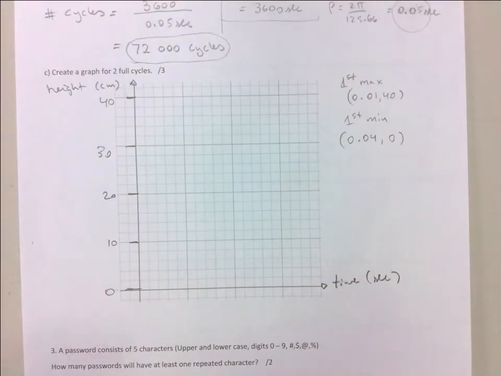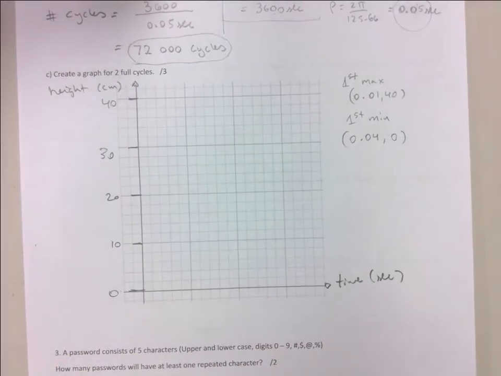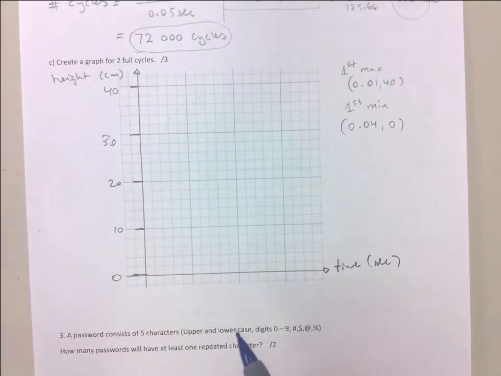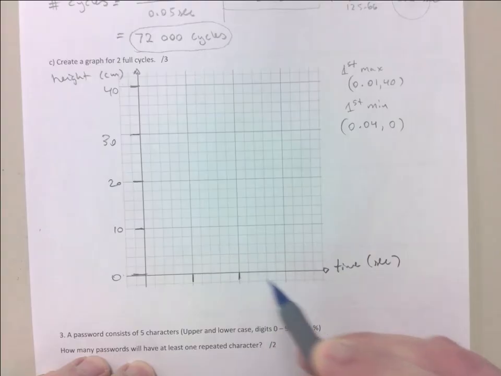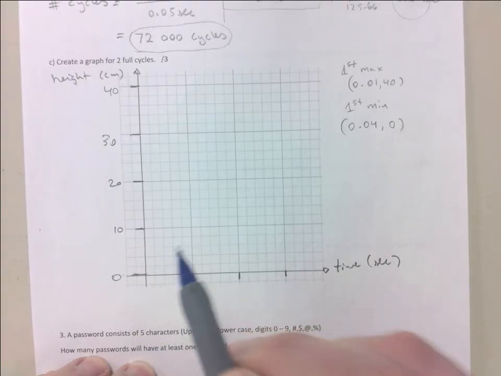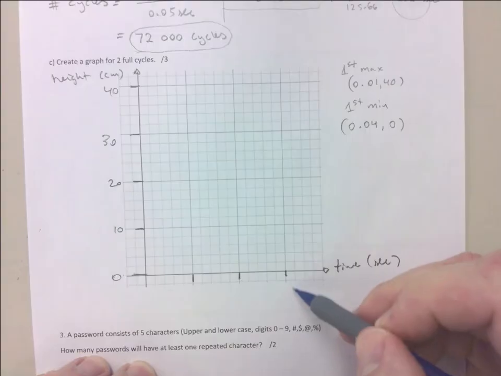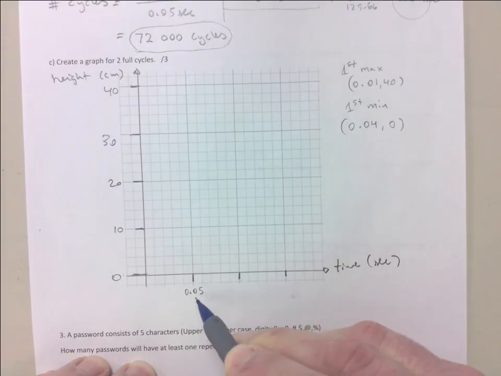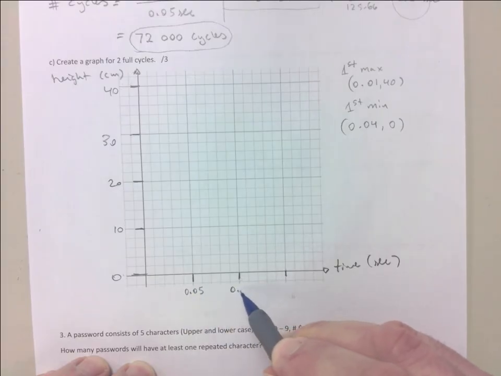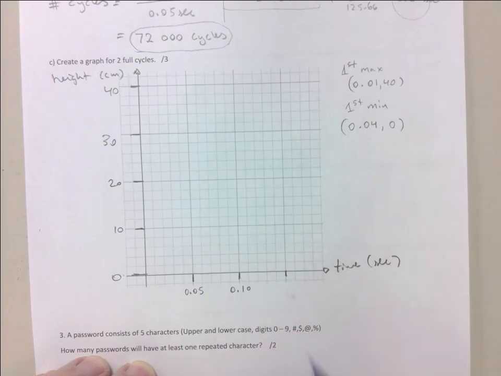Okay, so what should I pick for my scale? Let's think about it this way. I told you on your calculator, go 3 times the period. We ended up at 0.15, right? So I'm going to go 0.05. And then if you go up another 0.05, that's 0.10.